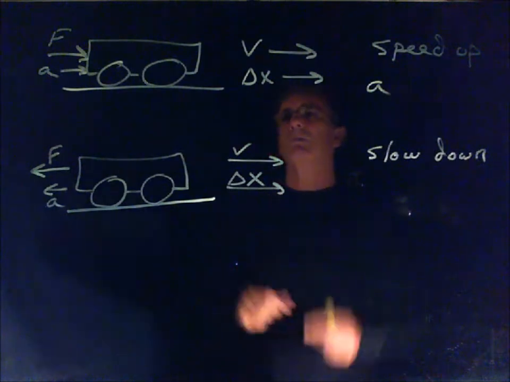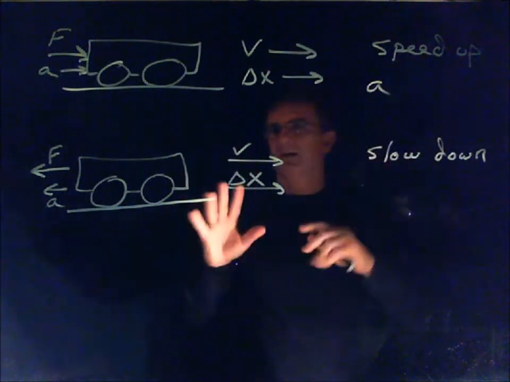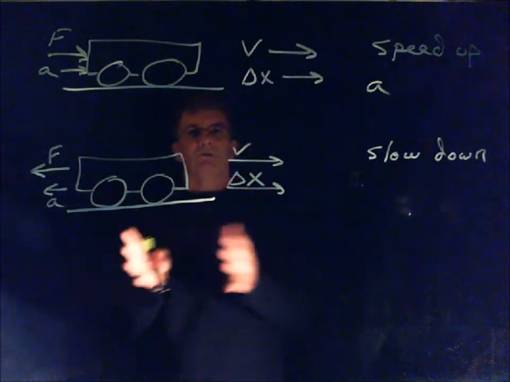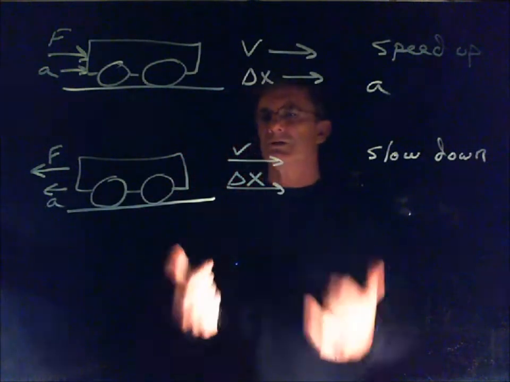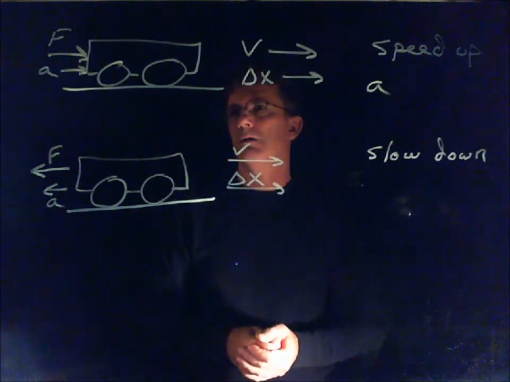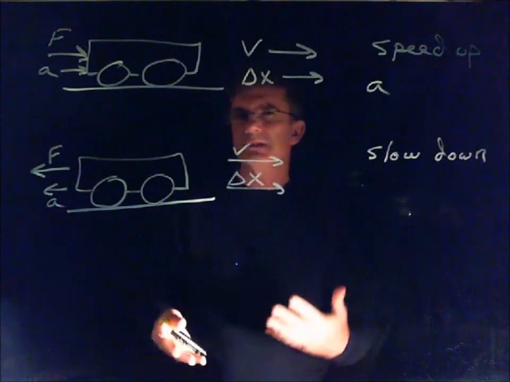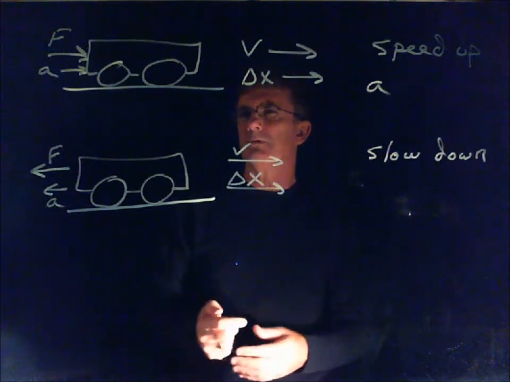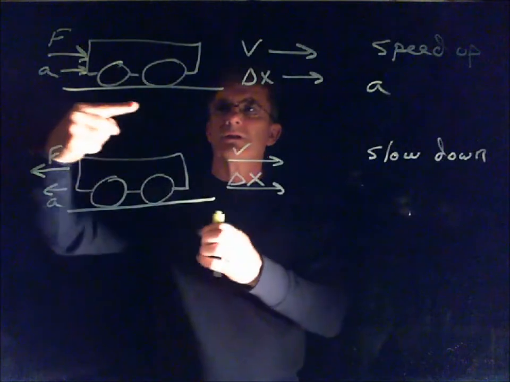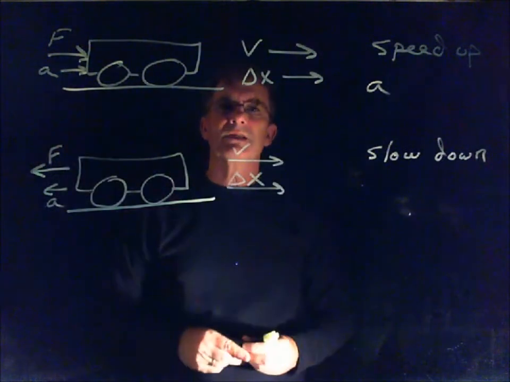So this is what I started talking about here, and I wanted to wait. I just said that acceleration and velocity, these directions, these terms are unrelated to each other, and they are. That doesn't mean we can't see some relationships between the two. In this case, acceleration and velocity are in the same direction.